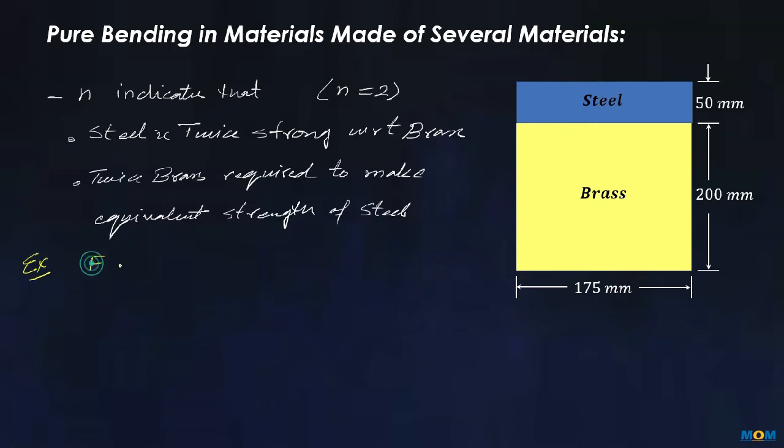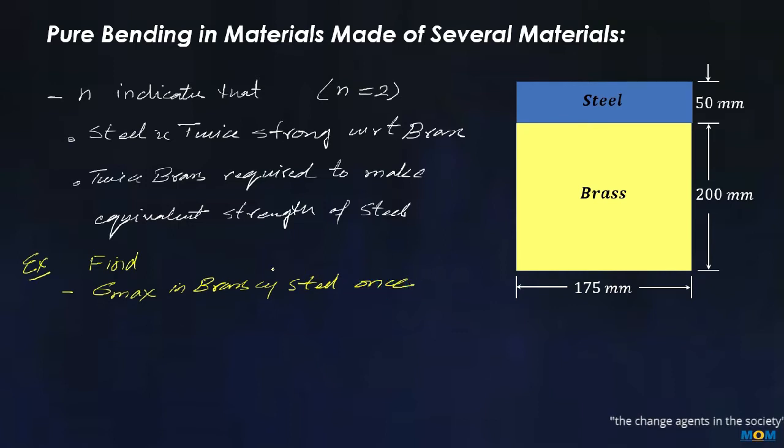In this example we have to find first the maximum stress in brass and steel once the beam is subjected to a bending moment, which is 6.55 kilonewton meter.